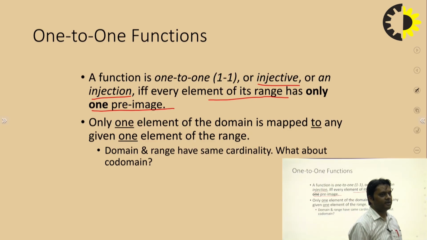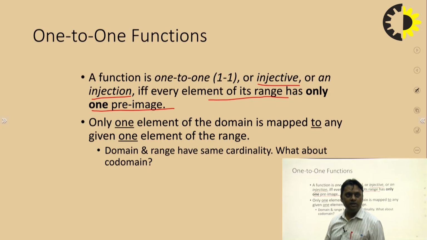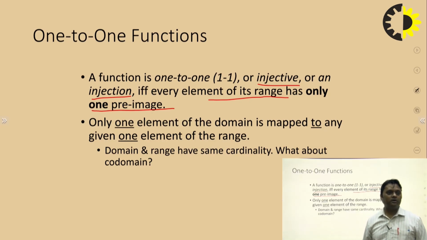I explained with a diagram also. Only one element of the domain is mapped to any given element of the range.